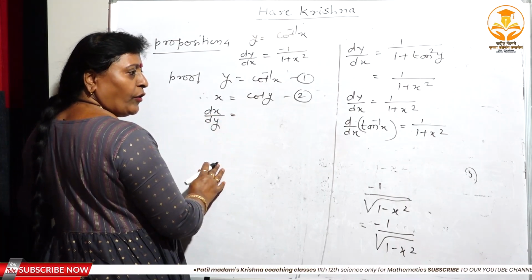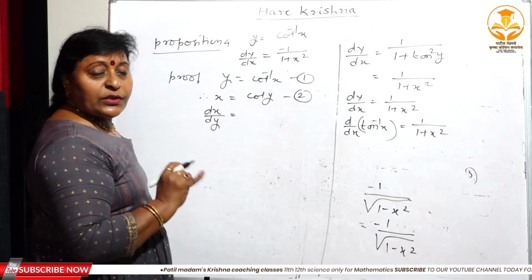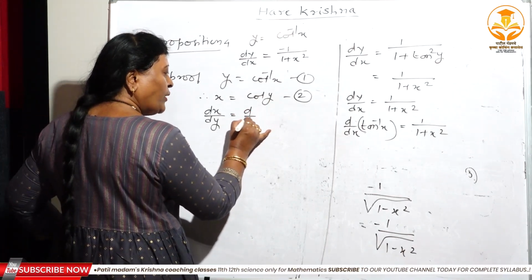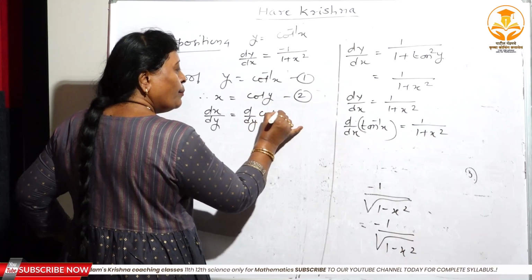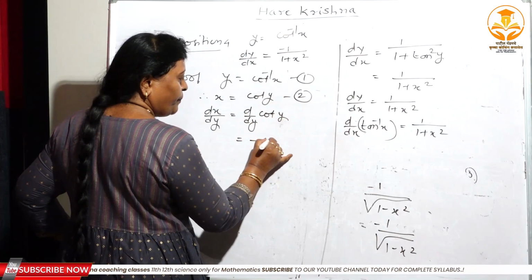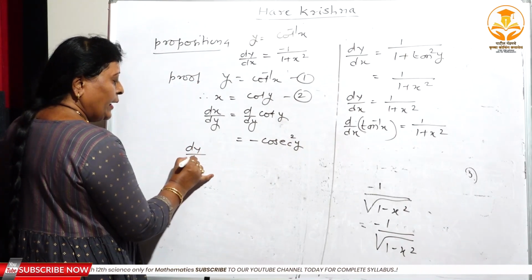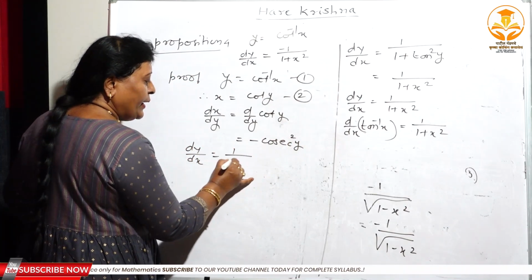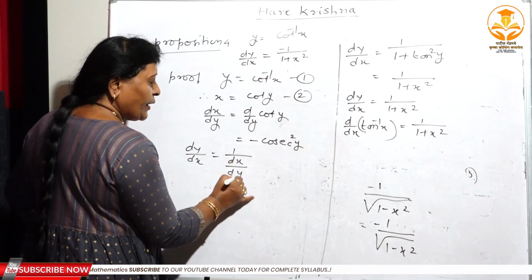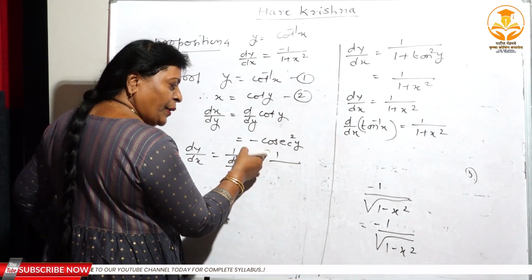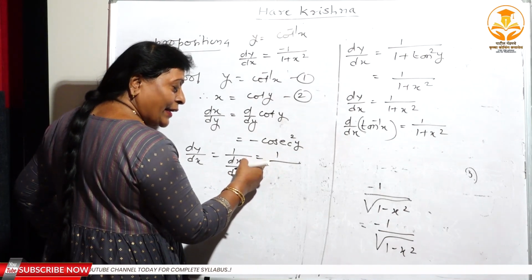What is the derivative of cot x? That is equal to minus cosec square x. In the same way, what is the derivative of cot y? That is equal to minus cosec square y. Now you know dy by dx is equal to 1 upon dx divided by dy. That is 1 upon, this minus sign you can give in the numerator, in the denominator, or in the middle.